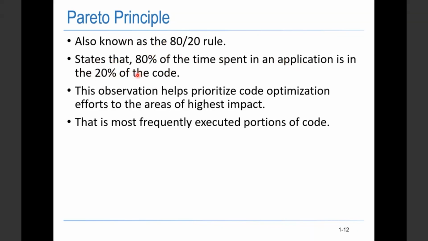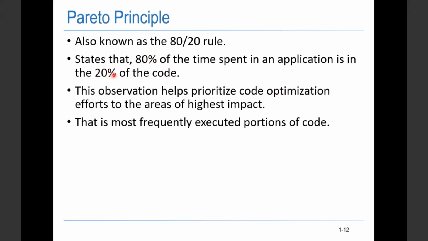So this observation helps prioritize code optimization effort. We need to do the code optimization because only 20% of the code is fully utilized.